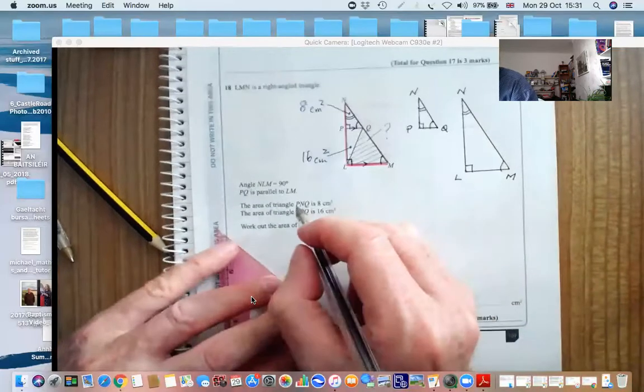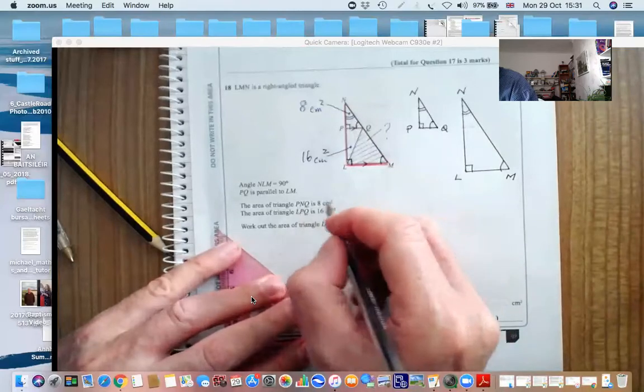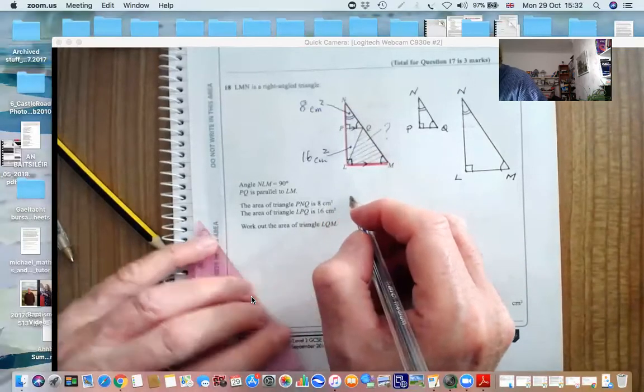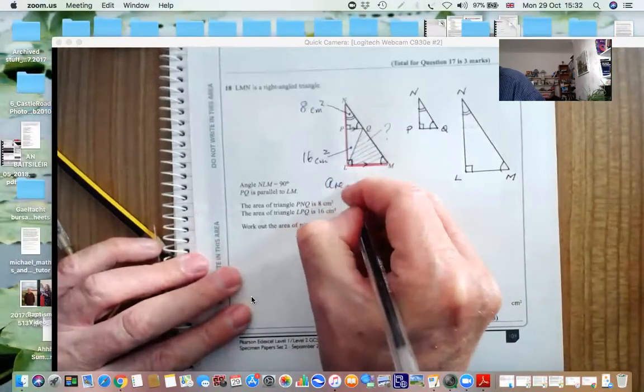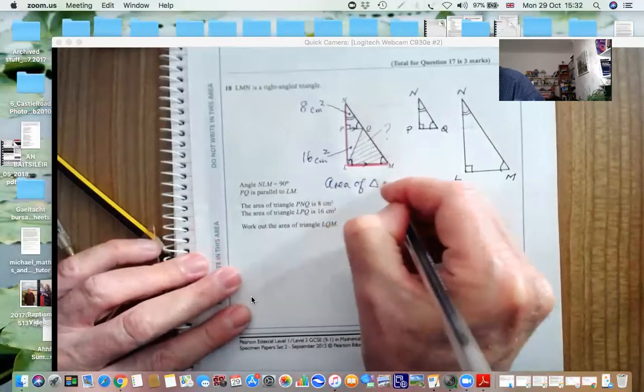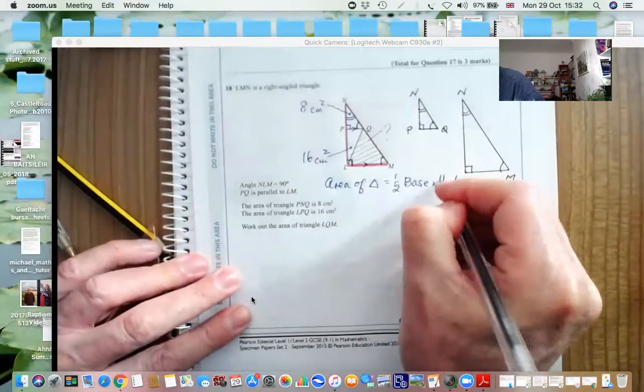Let's look again at the area of triangle PNQ, P to N to Q, and we're told that that is 8. Now the area of a triangle is of course 1/2 the base times the height.